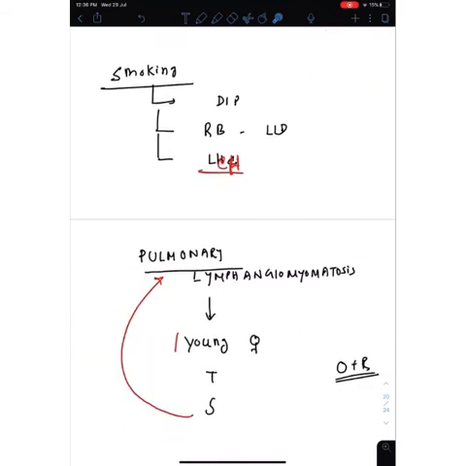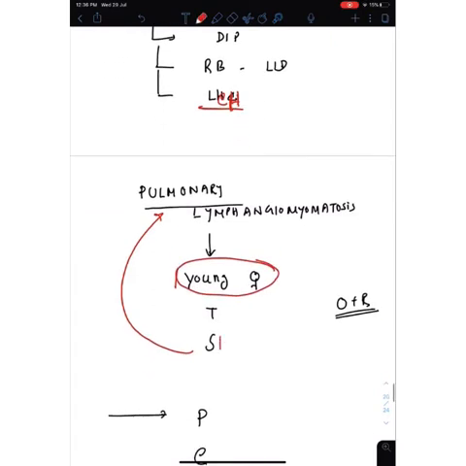One type of ILD is pulmonary lymphangioleiomyomatosis. Important point, it is seen in young females. So obviously it is not associated with smoking. So you will be asked which of the following ILDs is not associated with smoking. The answer will be pulmonary lymphangioleiomyomatosis. It is associated with tuberous sclerosis. It's a very important thing.